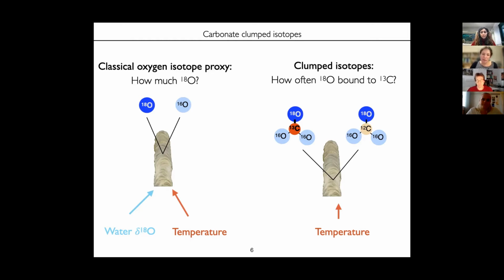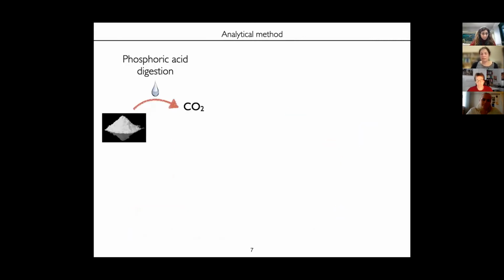So just briefly, how we determine isotope clumping. I said we have all the information we need in our sample itself. So what we do is basically almost the same as what we do for a normal delta 18O measurement. We dissolve our carbonate powder usually with phosphoric acid. We get CO2.